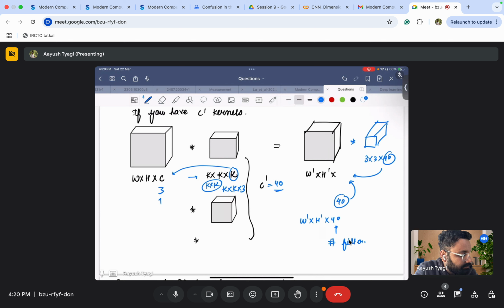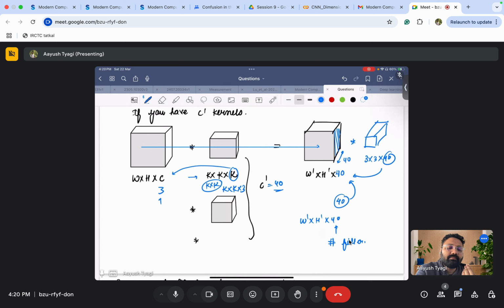This will result in w dash cross h dash cross 1, that is one convolution operation, one filter. Now we will be using 40 such filters, so you have another feature map, and you will have 40 such feature maps. So this dimension becomes 40, and your final dimension becomes w dash cross h dash cross 40. This is clear, right?